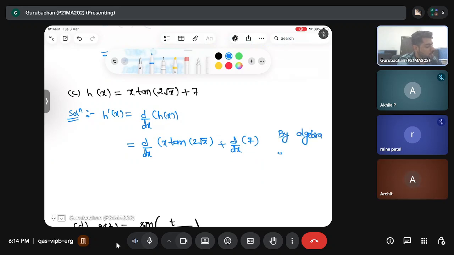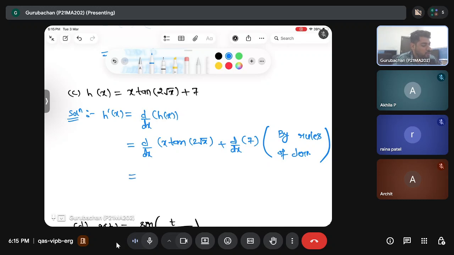In general, we call it algebra of derivatives, or you can say rules of derivatives if you're not comfortable with this terminology. I hope you have watched the lecture on rules of derivatives. That means you can take out the scalar multiplication, you can distribute them. It's obviously a kind of distributive property, but you are just explicitly doing it by the rules of derivatives.